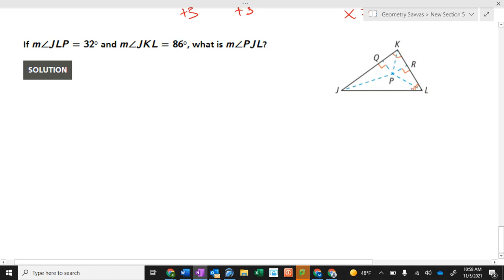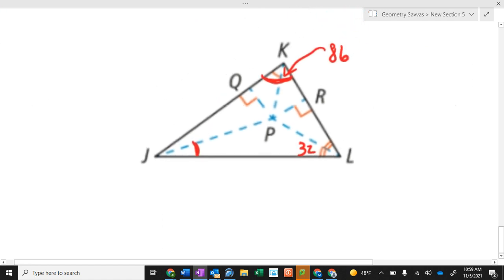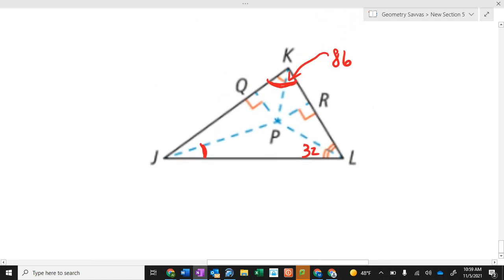JLP is 32. We know JKL, this whole thing here, is 86. We want to find PJL, this half of the angle here. So we know this is 32 for this half.